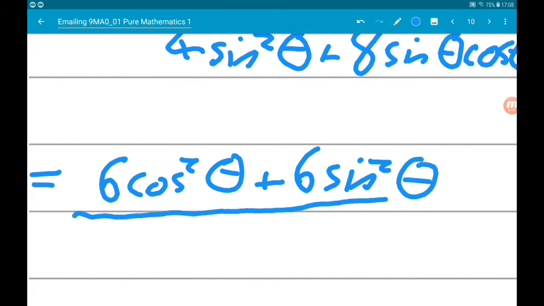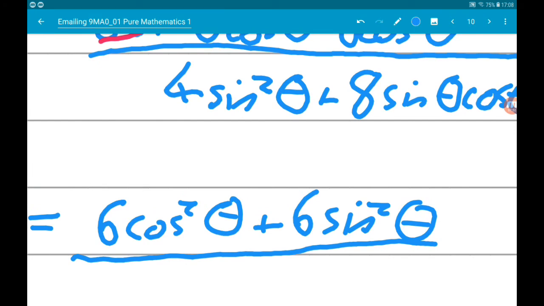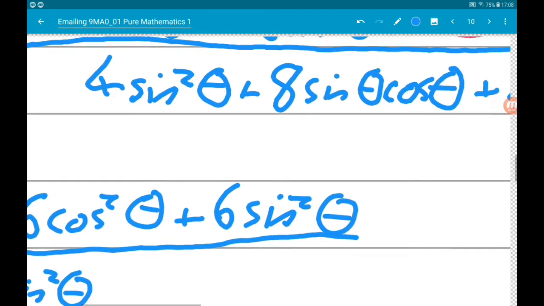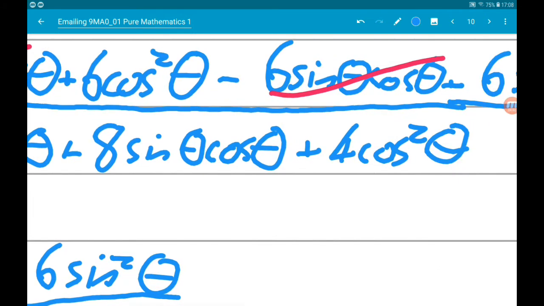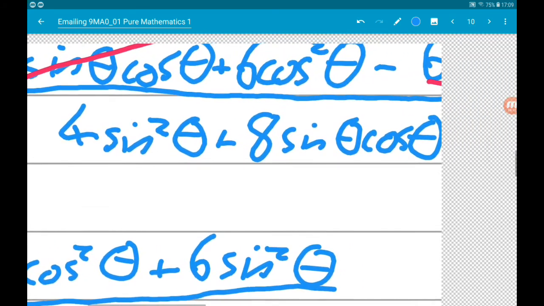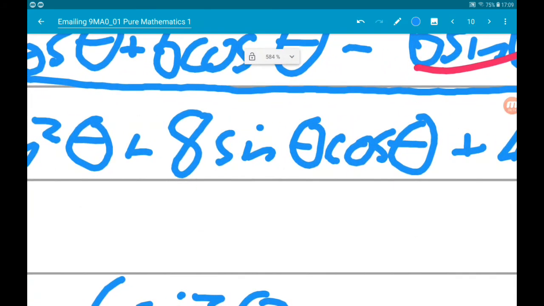That's going to factorise and do something nice for us in a moment. Now on the bottom, let's rewrite it a bit. So we got 4 sine squared theta add 4 cos squared theta and then we got add 8 sine theta cos theta.